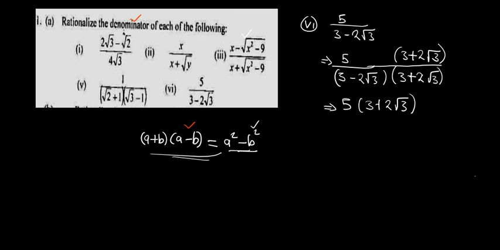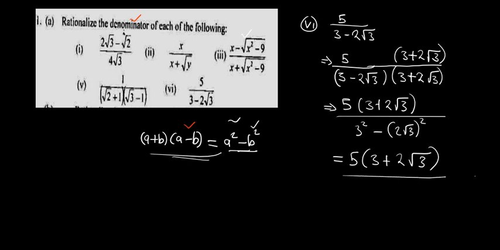Then down there we have the difference of two squares. Now this is where we apply. We get this one as 3 squared, then minus everything is squared also.